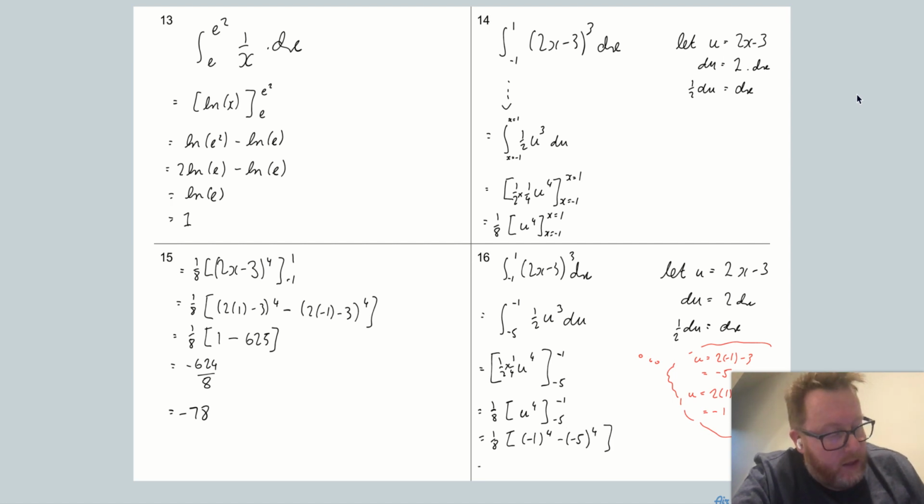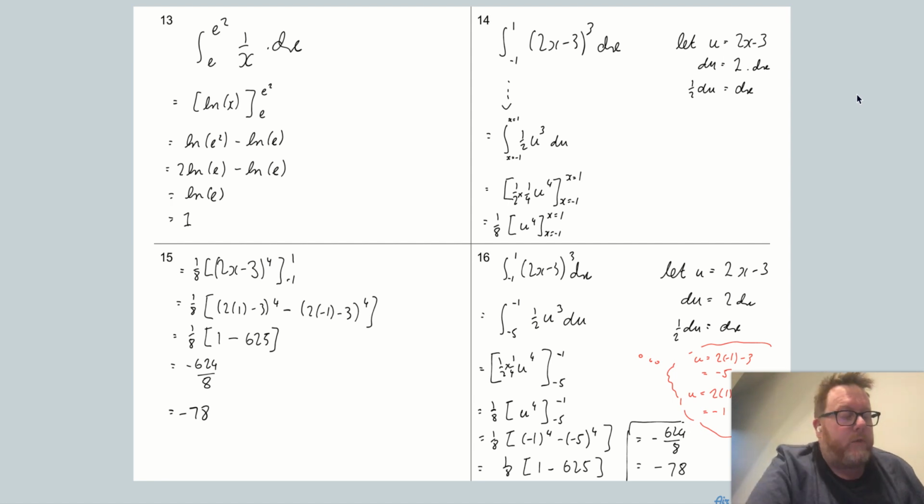Okay, that gets me 1/8 of 1 minus 625. And just to fit it onto this slide here, that'll give me negative 624 on 8, and that is equal to negative 78. The same as I had over in slide 15 from this point on.